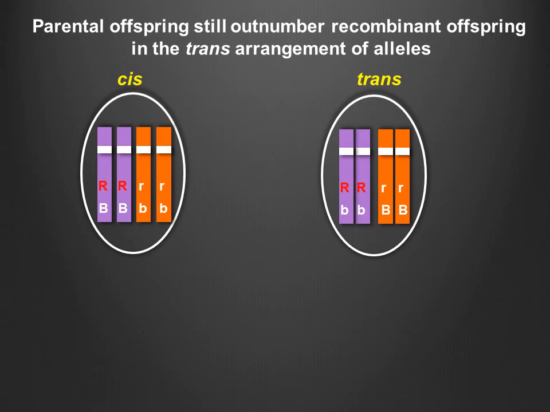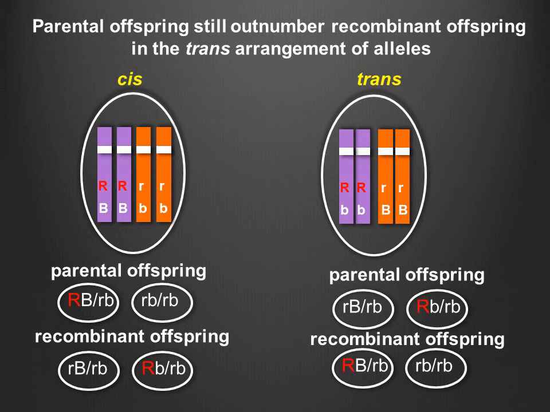Now consider the alternative arrangement of the two genes in the same chromosome. In the trans, or repulsion arrangement, each homolog carries one dominant and one recessive allele. This arrangement is similar to the cis arrangement in that the same four classes of offspring are generated.